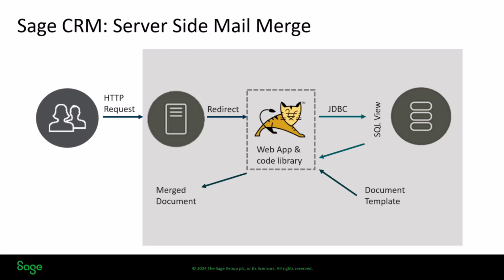The request is handled by the Java side of Sage CRM's architecture. The merge process retrieves the data from the underlying view used in the record context and adds this to the document template. And that can either be an HTML file or a Word document. And so the result is going to be either a PDF document or a Word document, depending on the option that was initially selected.